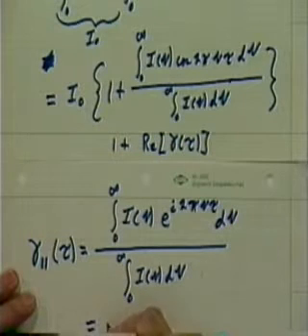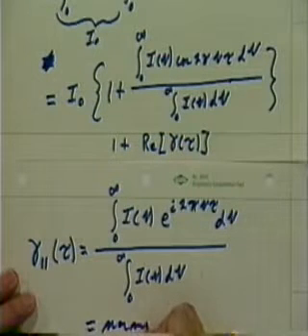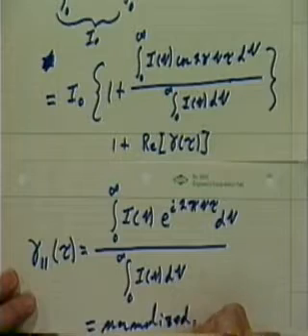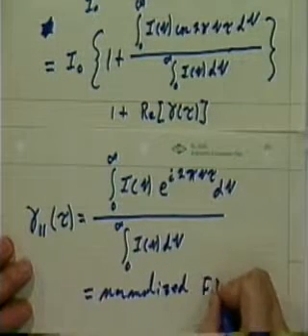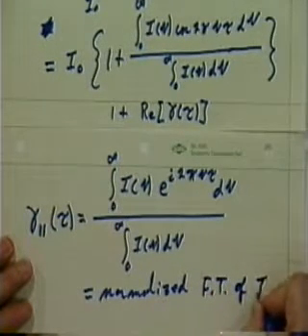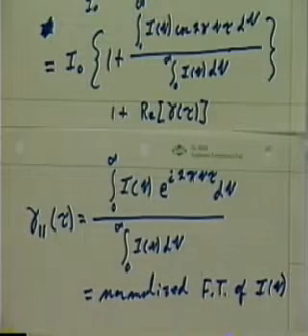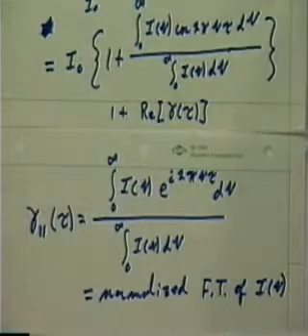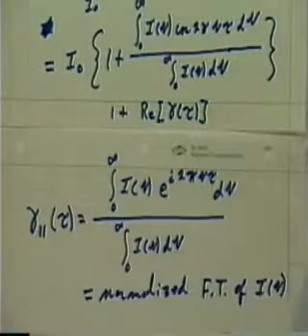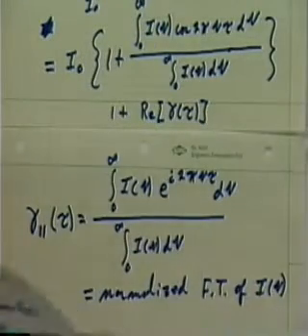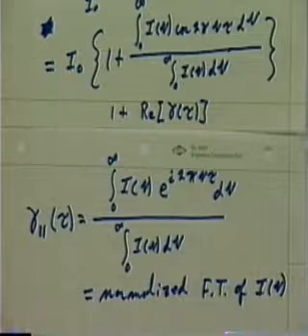And so that's a normalized Fourier transform of I of nu. Okay. So what we can do here, this is actually pretty powerful. I'll give you a second to write it, and I'll sip some coffee while you finish writing it.